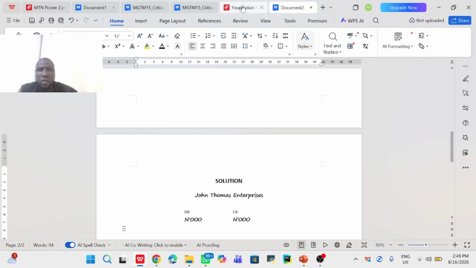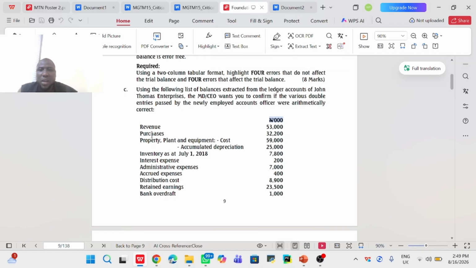Now let's start. We have revenue. As I said, revenue means sales. Revenue is an income. Based on the double entry principle that we did, all income should be on the credit side.